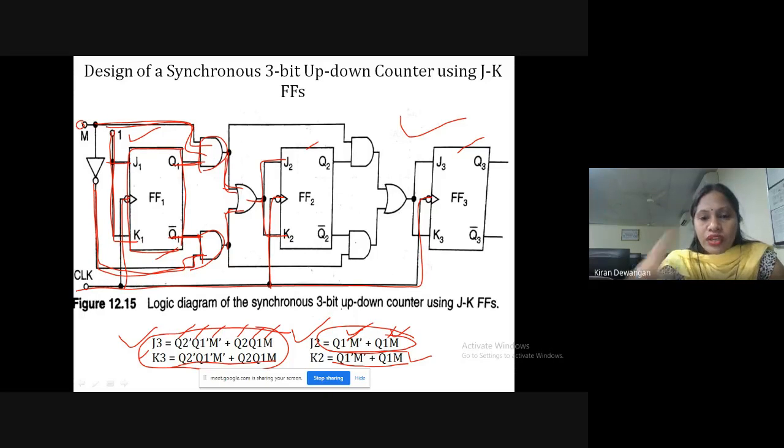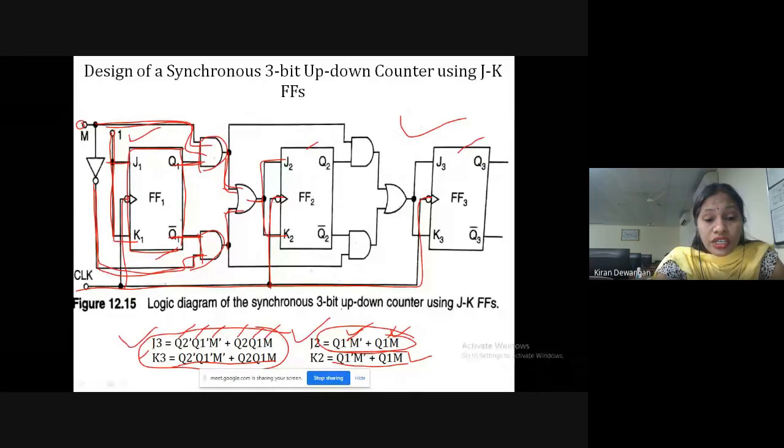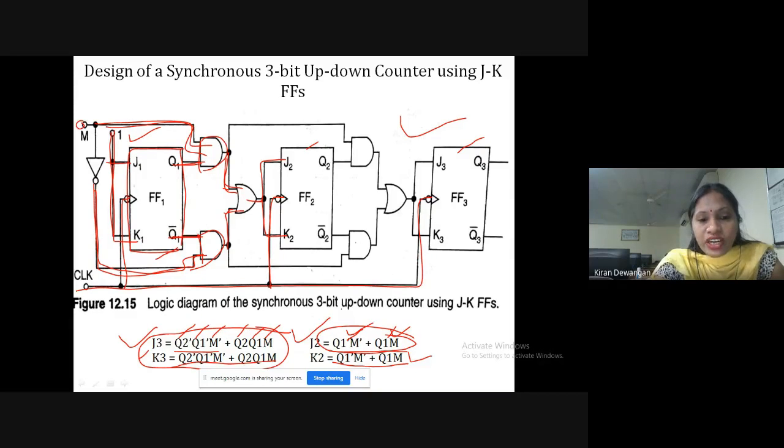Similarly, we have to design for J3 and K3 also. What is it? It is Q2 bar, Q1 bar, M bar. Now from here we get Q2 bar. And we have already obtained Q1 bar, M bar. From here we get Q1 bar, M bar, which is getting ANDed to Q2 bar. So this is how we get it.